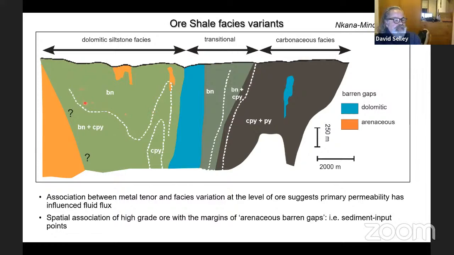So the dolomitic siltstone facies is basically forming an apron to our points of sediment input, which are shown here by these arenaceous fans, whereas to the right-hand side of the diagram, we've moved into a starved part of the basin. Okay, sediment supply in part limited by these barrier reefs. So a spatial association of high-grade ore with the margins of these relatively permeable arenaceous barren gaps.